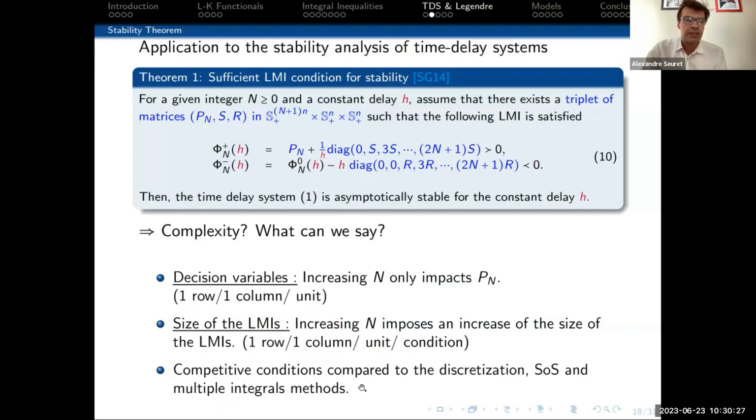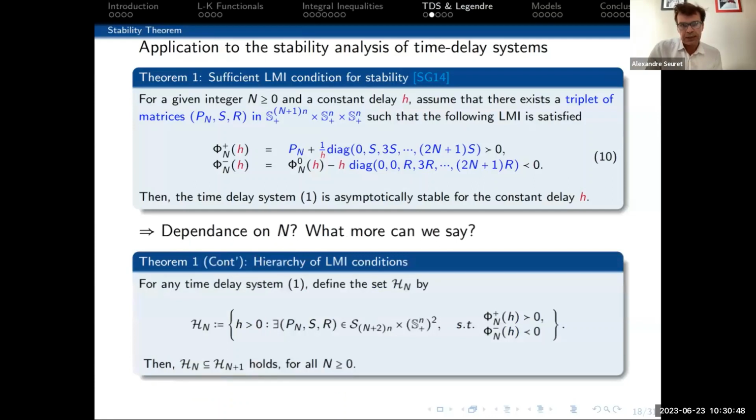What is really nice is that this condition is very competitive with respect to other stability conditions. I decided to not show the table showing the numbers of decision variables. I prefer to show some plots that will arrive afterwards.